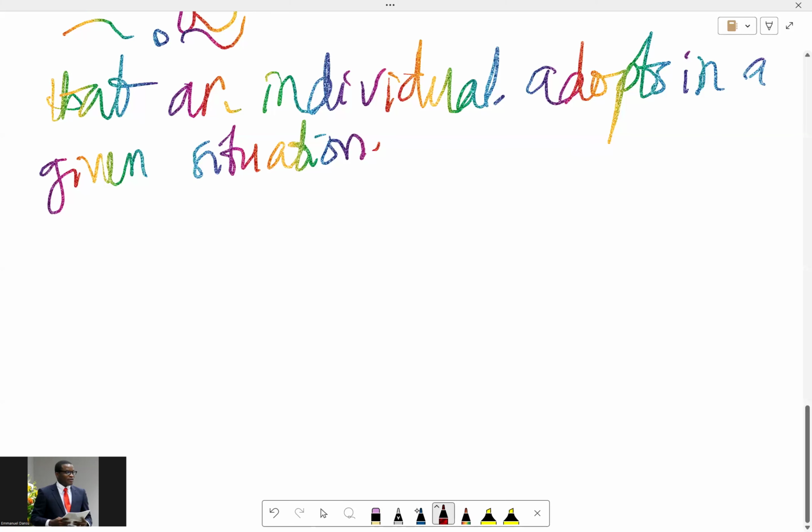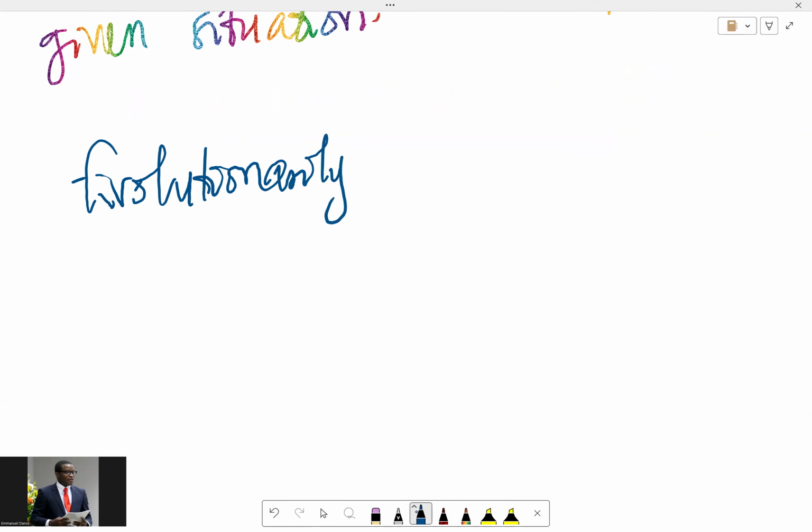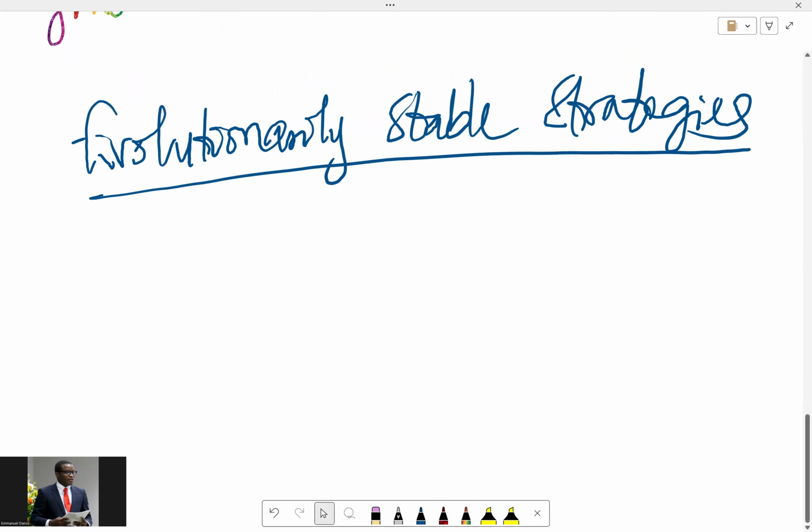Now, let's talk about evolutionarily stable strategies, ESS for short.